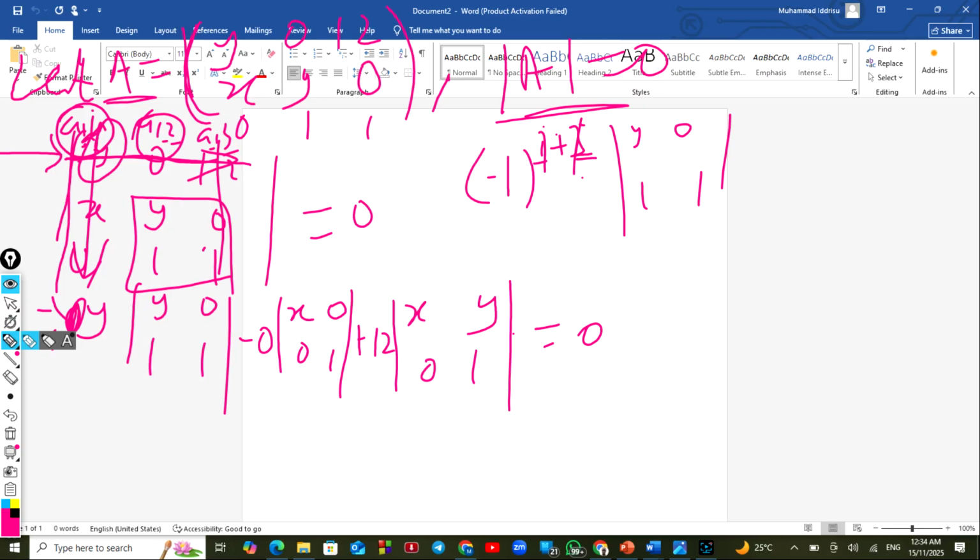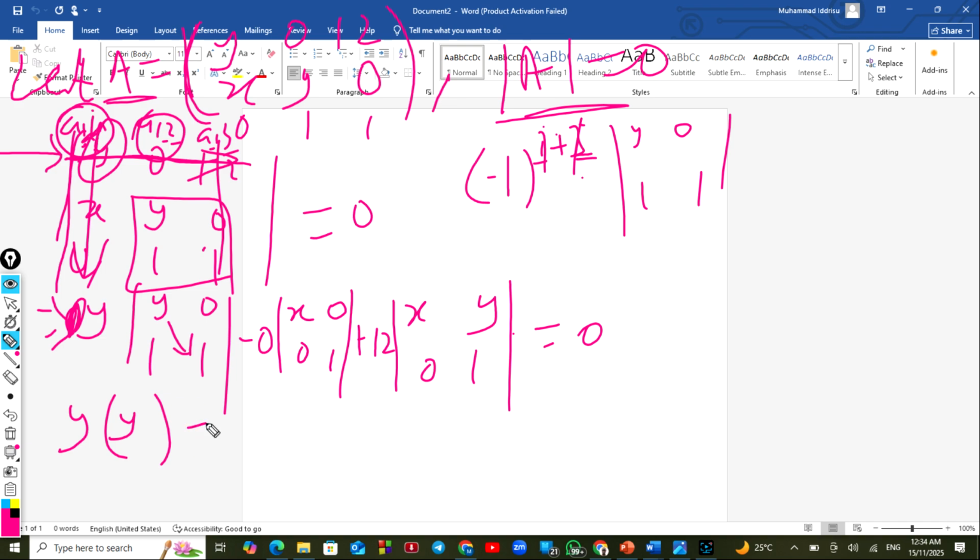So the determinant of this 2 by 2 matrix, y times 1 is y, 1 times 0 is 0, so it would have been y minus 0, and it's still y.